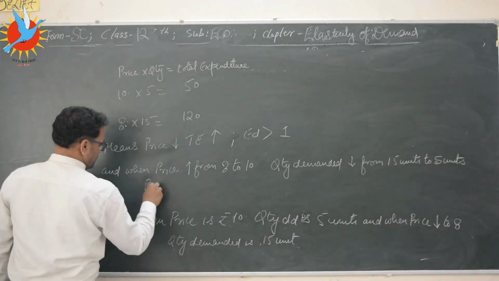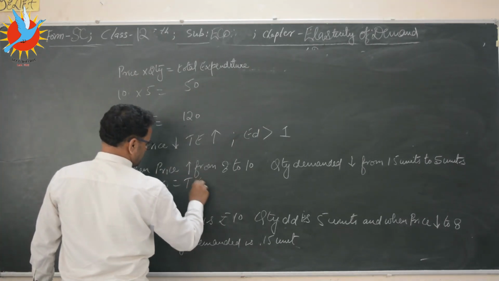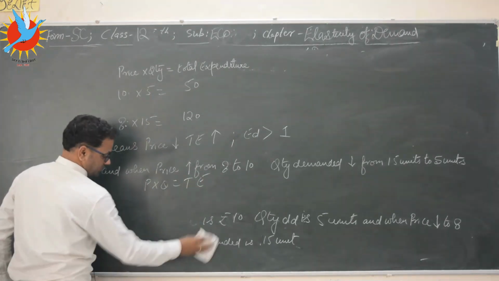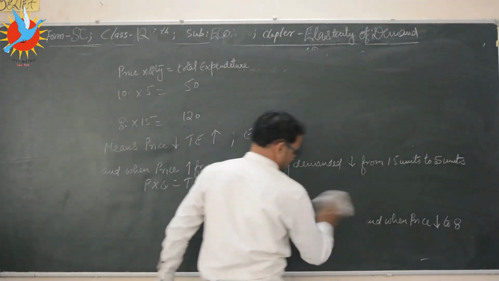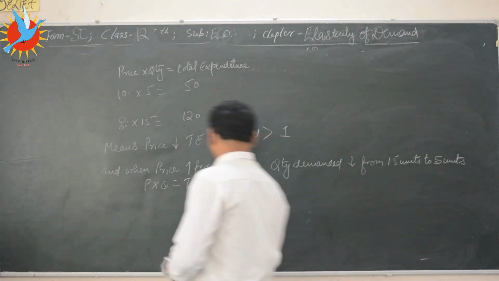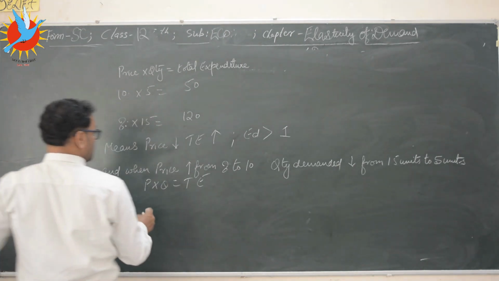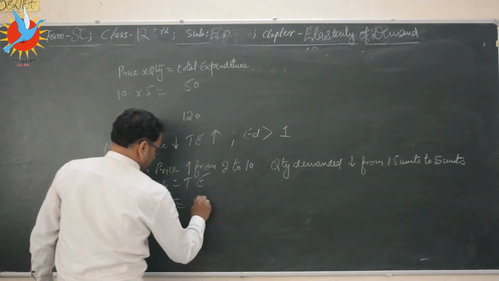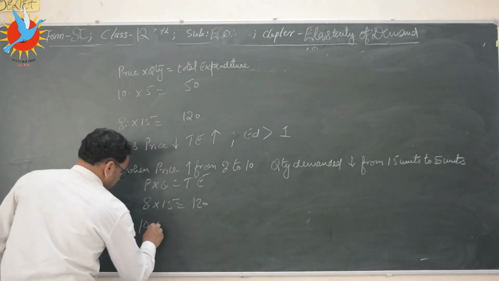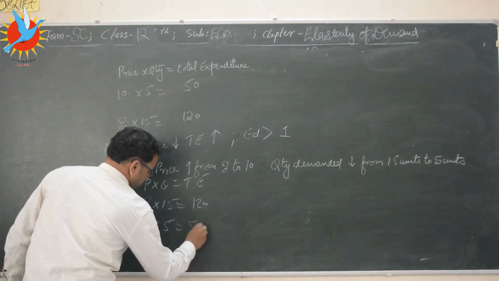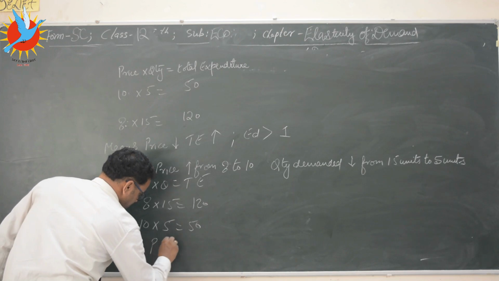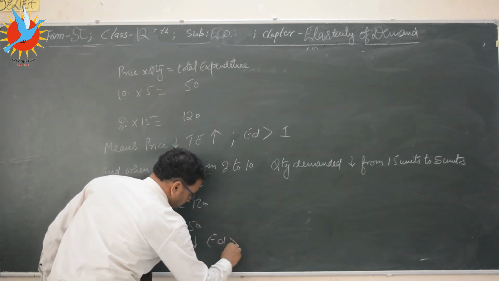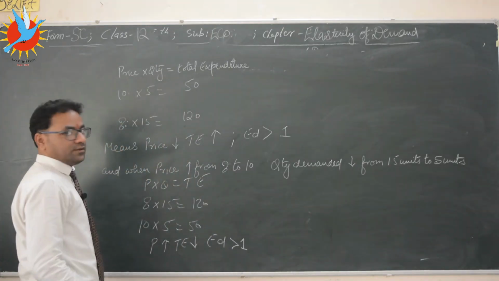So P into Q is equal to total expenditure, so 8 into 15 is equal to 120 and price increases to 10 he buy 5 units, means price increases, total expenditure decreases, again elasticity of demand will be greater than 1.